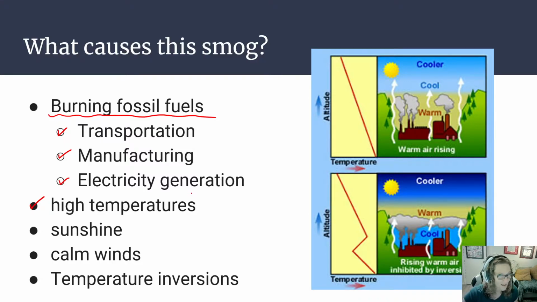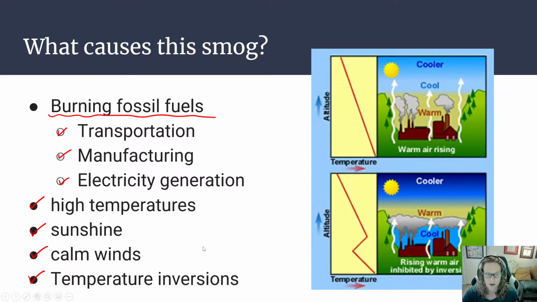Guess where we live? California. High temperatures. So we are very famous in LA for smog because we've got all of the ingredients to make smog. Warm temperatures, lots of sun, except for when it's Santa Ana, pretty calm winds, and this thing, temperature inversions, which if you're doing your module online, you should know what that is, but we'll explain it in a sec.